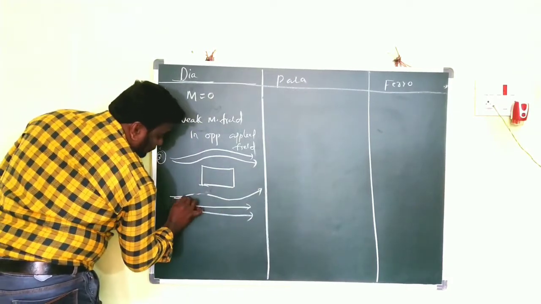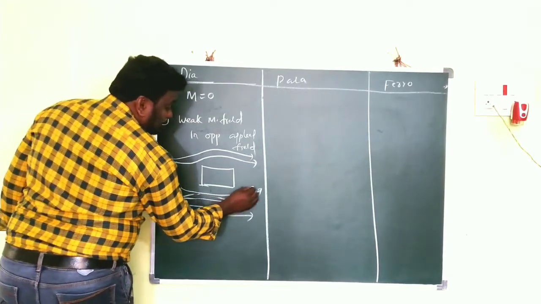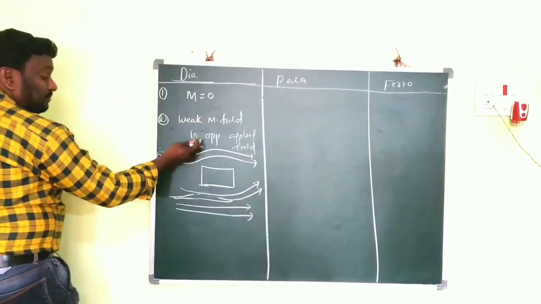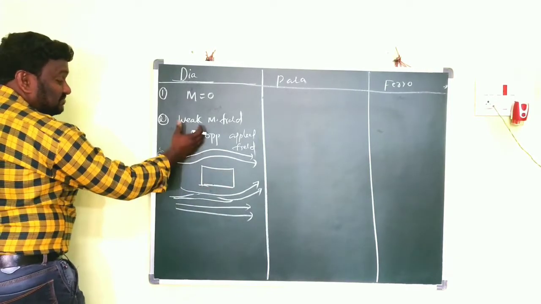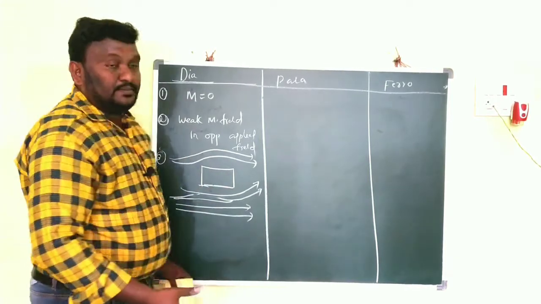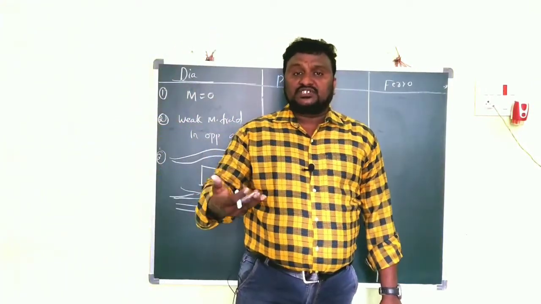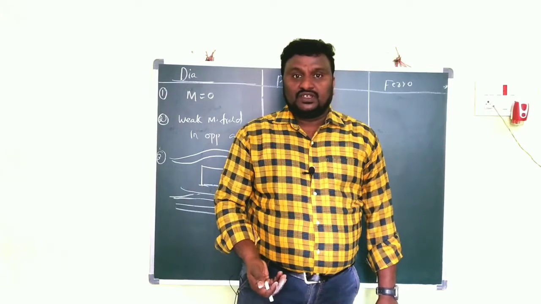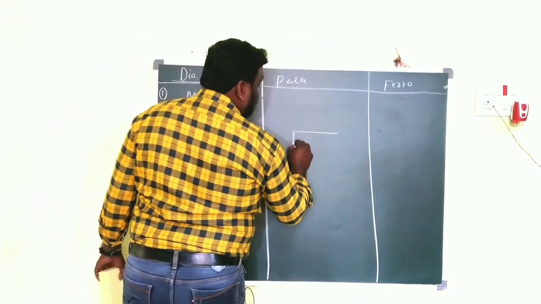So clear? This is the reason these are not attracted by any magnets. Diamagnetic substance can repel the magnetic field lines. Clear? Simply I am going to draw like this.